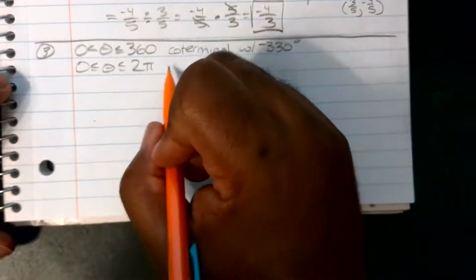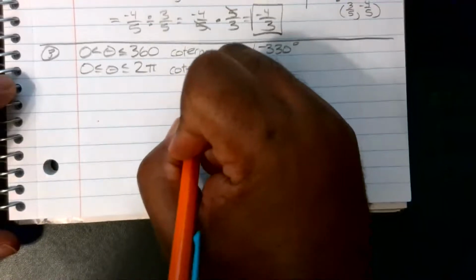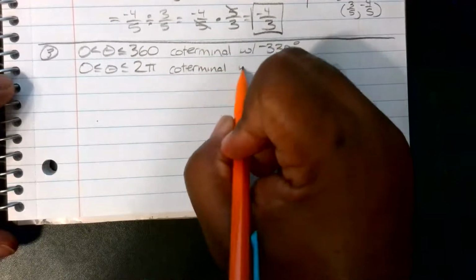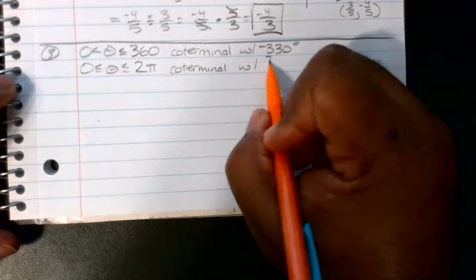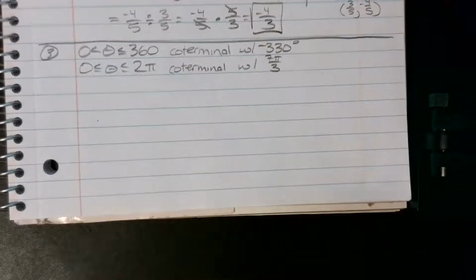All right, and the second one is 0 less than or equal to theta is less than or equal to 2 pi, which means this is in radians. That's coterminal with 7 pi over 3. All right, so we'll label this A and B.